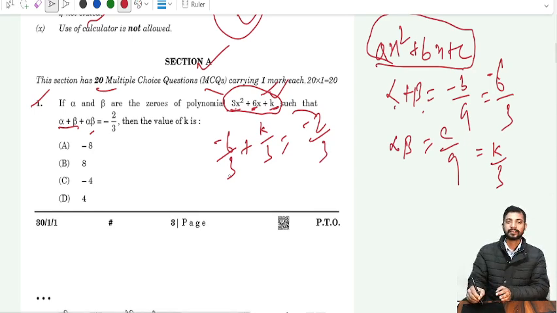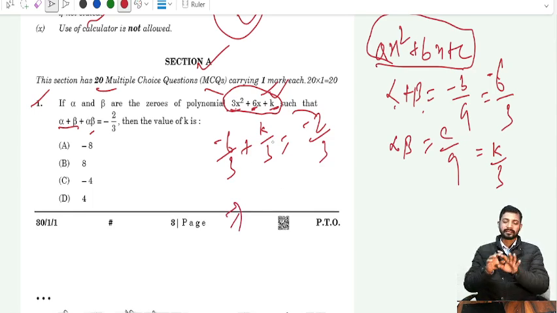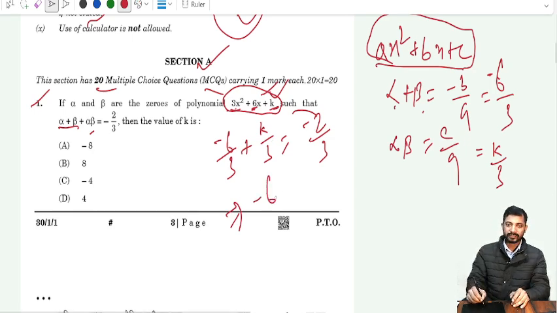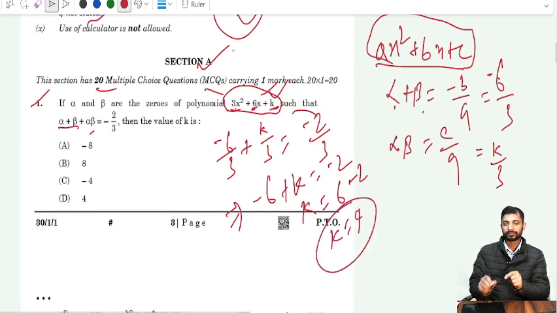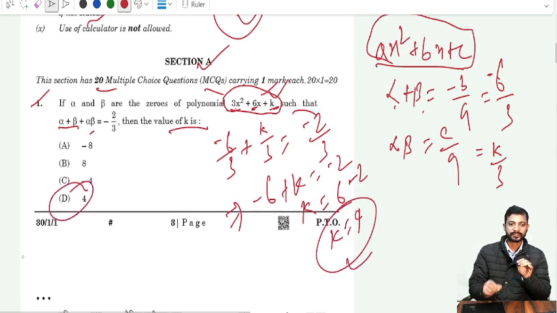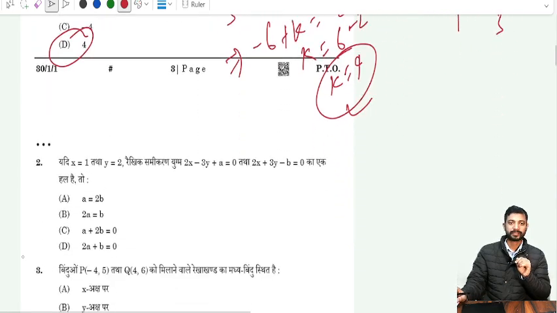Here you can see the denominators are 3, 3, 3, so they will cancel. This gives you minus 6 plus k is equal to minus 2. K is equal to 6 minus 2, that is 4. You have to find the value of k. The value of k is 4. So the correct answer is k is 4.